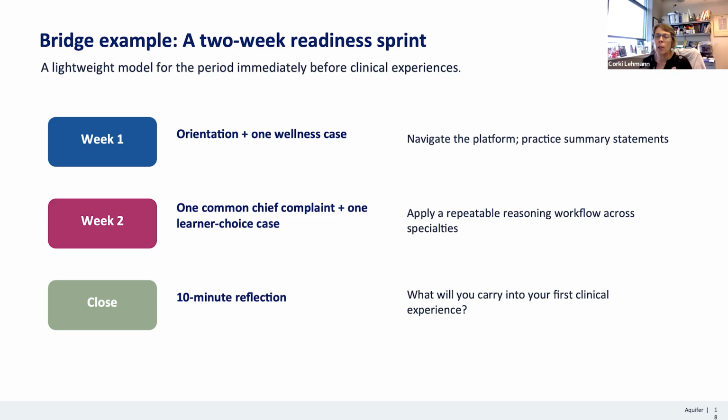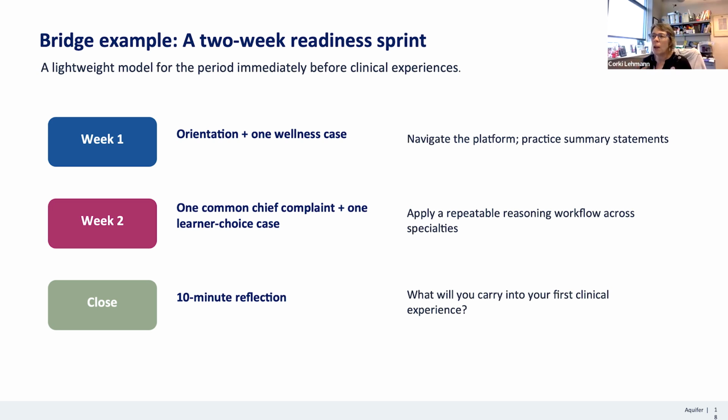In my orientations, I prompt the students a lot when I tell them to go pick out a case and try it out. And I said, hey, you could practice with the case summaries. They're sort of like calling a consultant. You've only got a couple minutes on the phone to let that consultant know the main points of what the patient's symptoms are, and then also asking your specific question to the consultant.